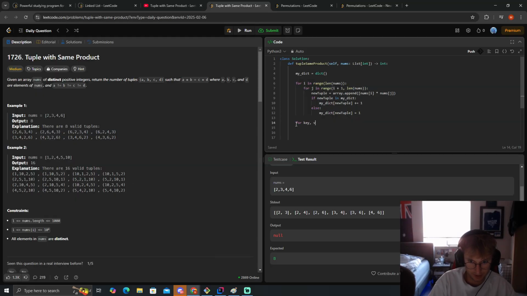For each value in items, if value is greater than 1, then we want value minus 1 to get rid of that.